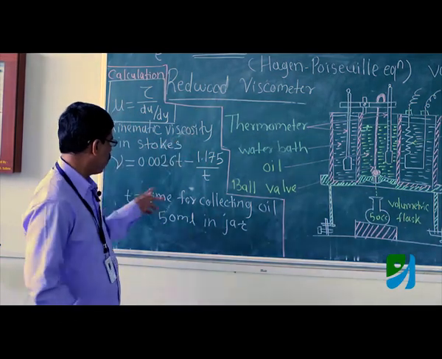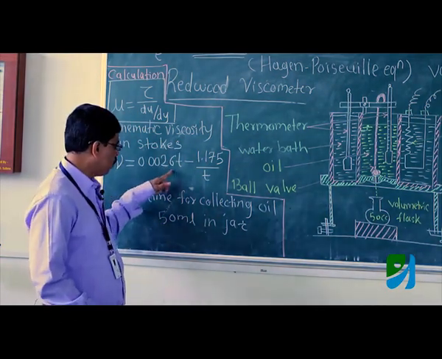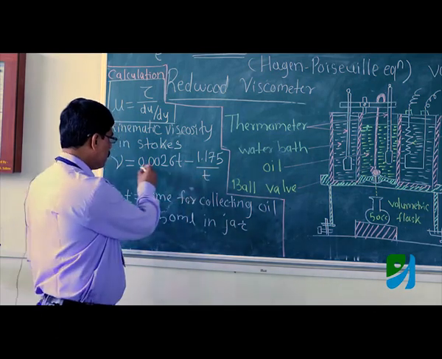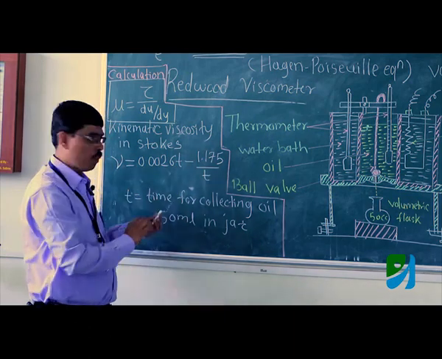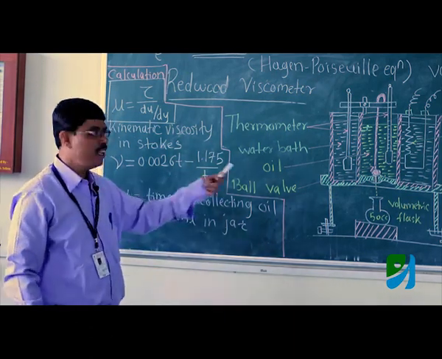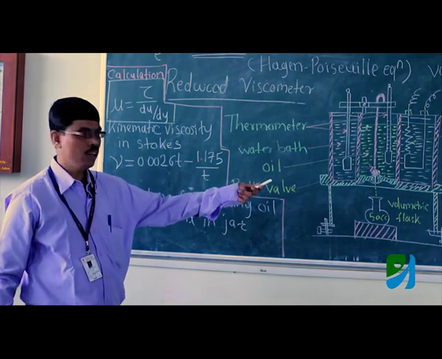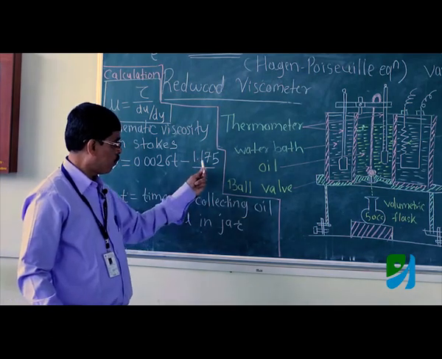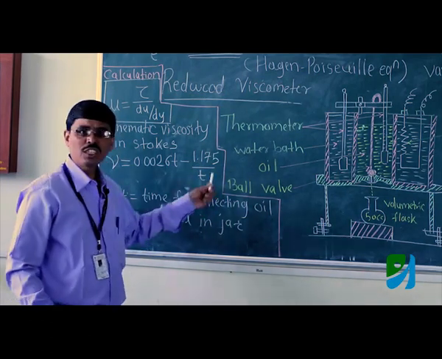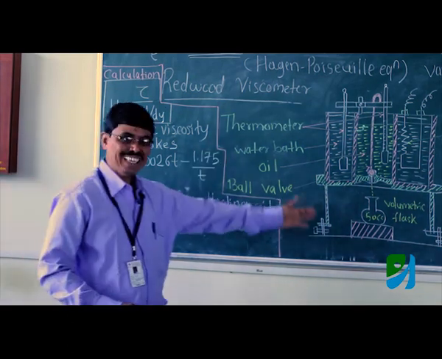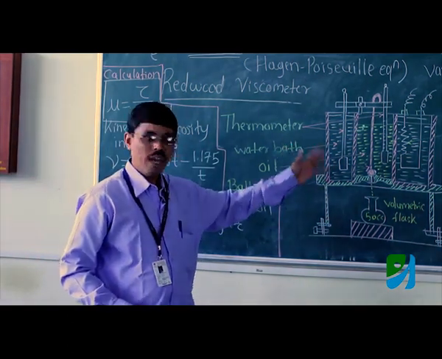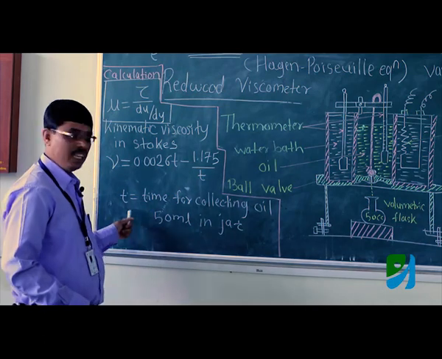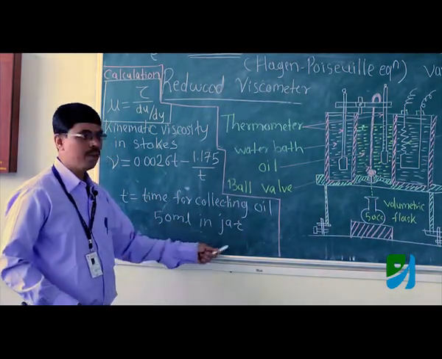By the Redwood viscometer you get nu is equal to 0.00260 minus 1.175 by T. Wherein this is important: viscosity is directly proportional to the time taken for 50 cc of oil to be measured in this measuring flask, and the latter part, 1.175 by T, is the correction factor, because to maintain the laminar flow, whatever errors are coming are taken care of by this. Here time T is the time for collecting 50 ml of oil in the jar.